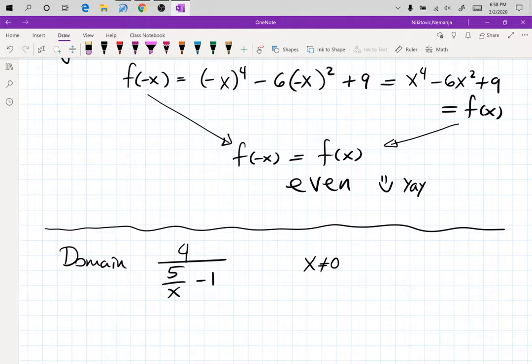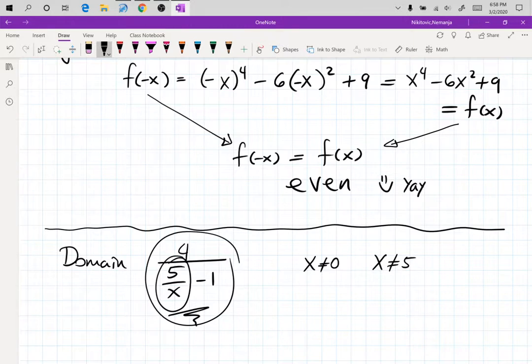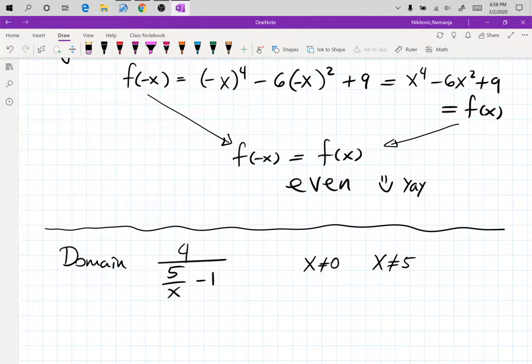But also we have to exclude 5, because 5 divided by 5 is 1, and then 1 minus 1 is 0 for the main fraction to be undefined. So there are two bad points here that would make this not work. Everything else is fine.